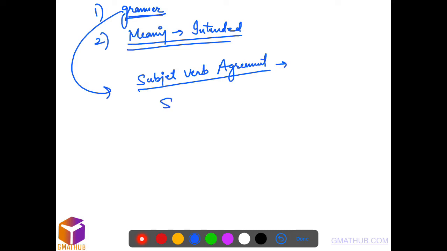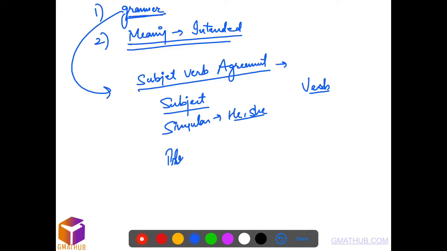The subject and the verb must be in accordance with each other. So subject could be singular, like he, she, or plural, like we, you, which is considered plural in terms of the use of verb, and they.